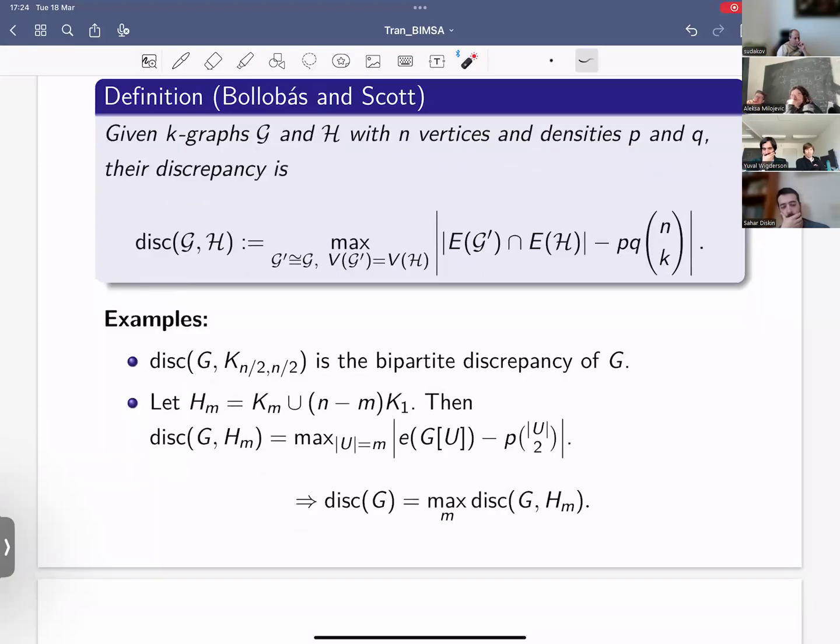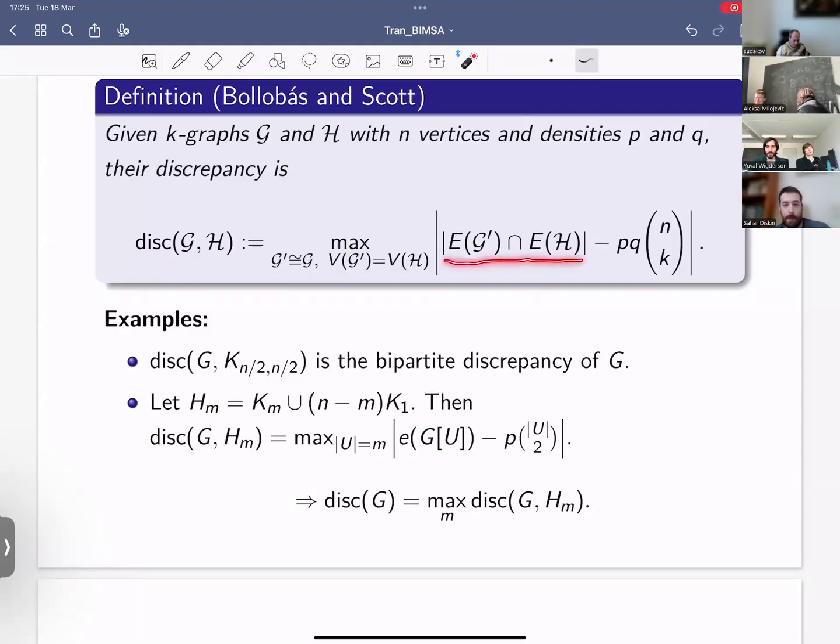And if I let S_m be the graph obtained by adding n minus m isolated vertices to a clique on m vertices, then consider the discrepancy of this pair G and S_m.